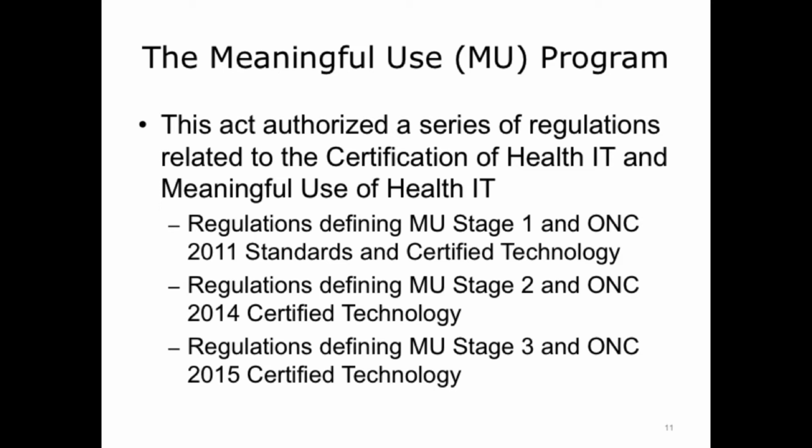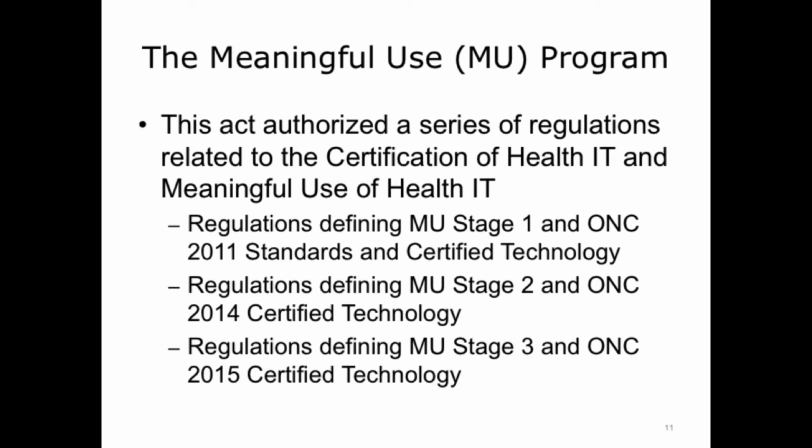Looking back at the Meaningful Use Program, you will see that this act actually authorized a series of regulations related to certification of health IT and the meaningful use of health IT. The first regulations defined meaningful use Stage 1 and ONC 2011 standards and certified technology. Then the next series of regulations defined meaningful use Stage 2 and ONC 2014 certified technology.